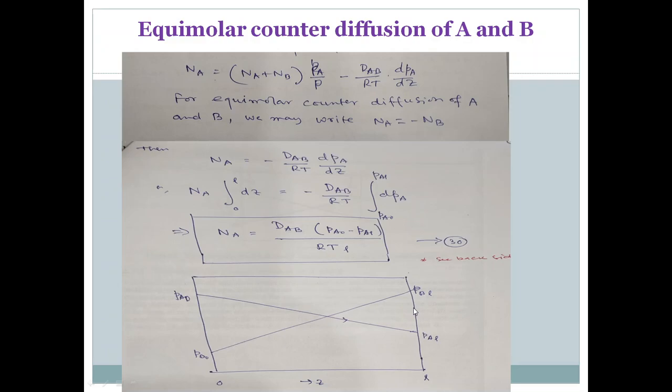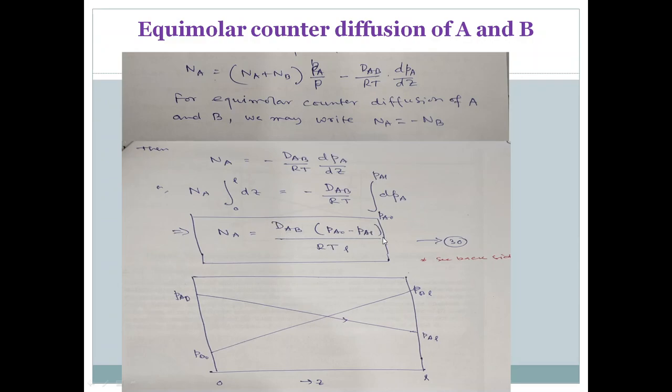So when A is diffusing through non-diffusing B, the profile of partial pressure will not be linear, but in case of equimolar counter diffusion, that will be linear, because this is a linear equation.